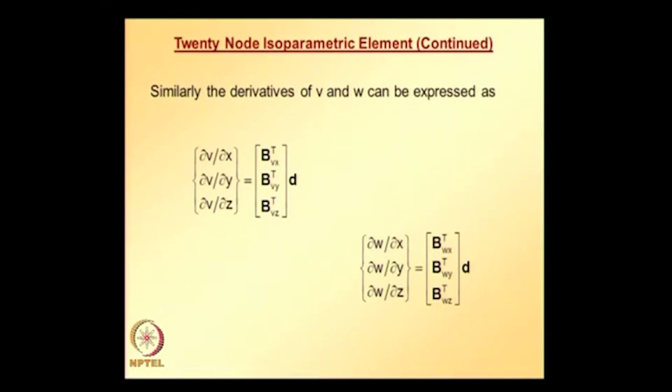So, once we have all this information, using the definitions of strains in terms of displacements, we can easily substitute these quantities and get the strain displacement matrix or strain displacement relationship for the 20 noded isoparametric element.